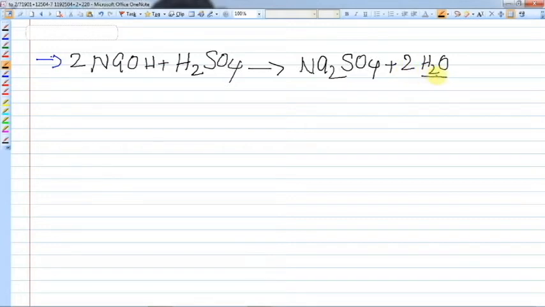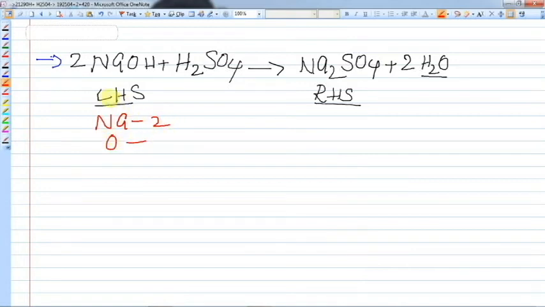Then we have to check again the balancing of this chemical equation. Now again, on the LHS side, how many atoms are there, and on the RHS side, how many atoms are there? On the LHS, sodium atoms are 2, oxygen atoms 2 plus 4, 6 oxygen atoms, hydrogen atoms 2 twos are 4, and sulfur atoms 1.